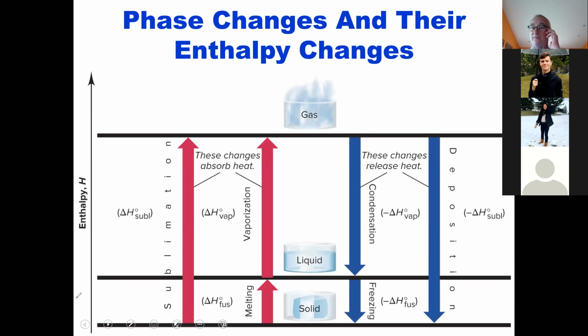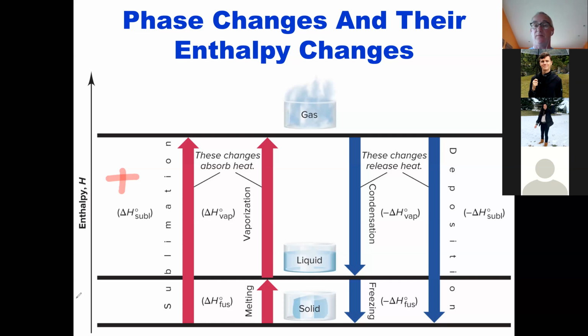So these are all the enthalpies we've talked about. Anything where you're moving up the chain, you're increasing the kinetic energy of the molecules. That requires heat. Those phase changes are going to be endothermic with positive changes in the amount of energy you need to put in.